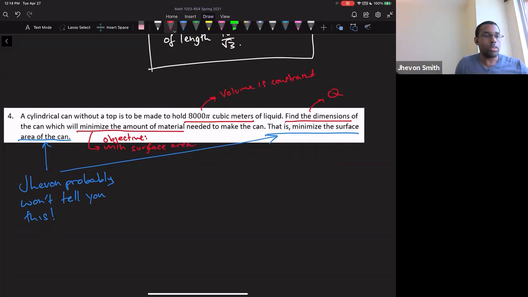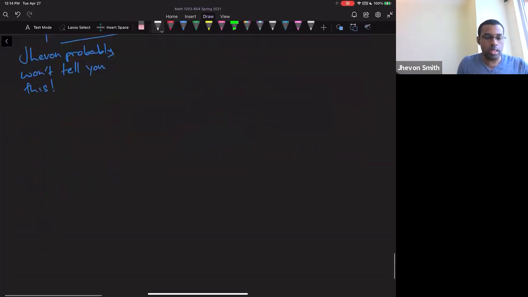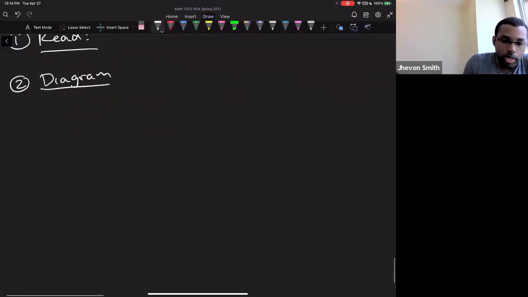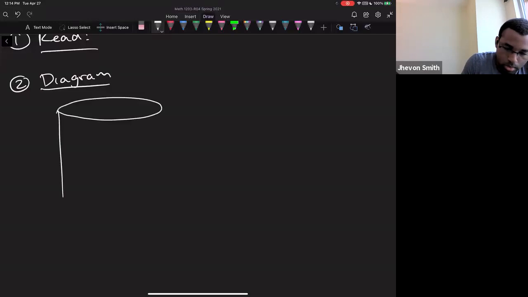Okay. So go through our 6-step process. 1, read. 2, diagram. It's a cylindrical can. So we can talk about the height, which is h.